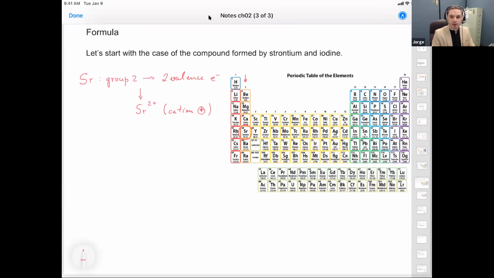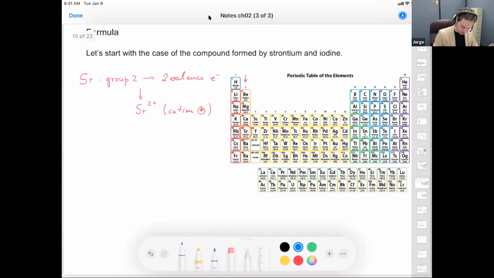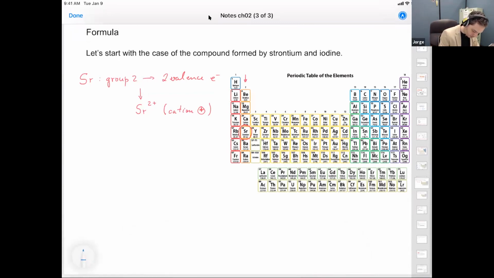Now let's take a look at iodine. Iodine is right here, belongs to the group 17.